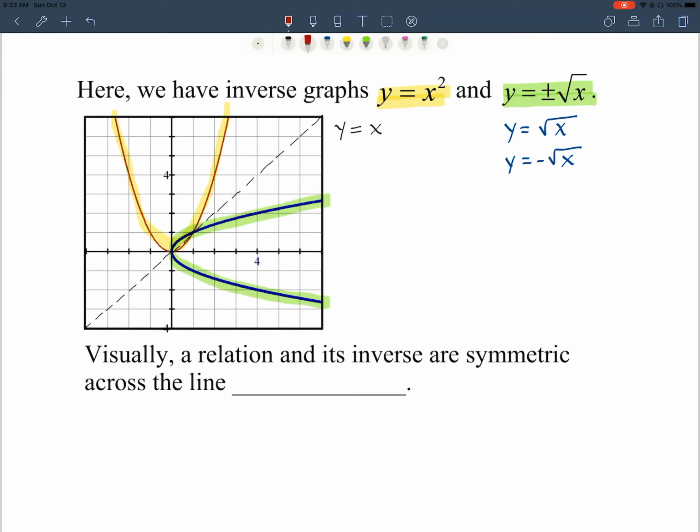So if you think about the reflection of our two graphs across that line, if they're inverses, you will be able to see that symmetry. If they're not inverses, then you will not. It's just asking here visually, a relation and its inverse are symmetric across the line y equals x. That's review. Hopefully that helps you to remember that part of it.